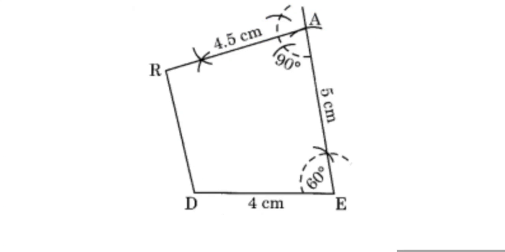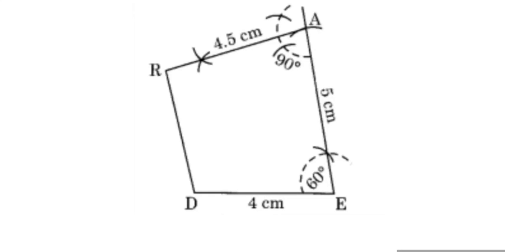See the steps. Number 1, draw a line segment DE equal to 4 centimeter and draw an angle E equal to 60 degree. Now as vertex A is 5 centimeter away from vertex E, cut a line segment EA of 5 centimeter from this ray.